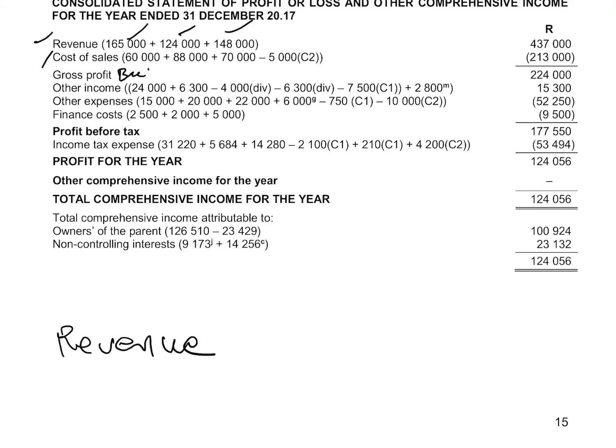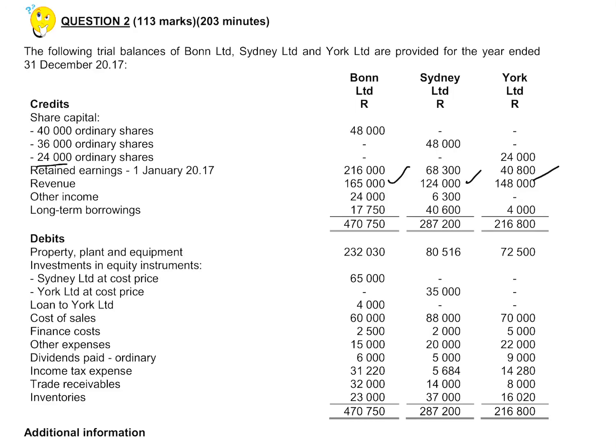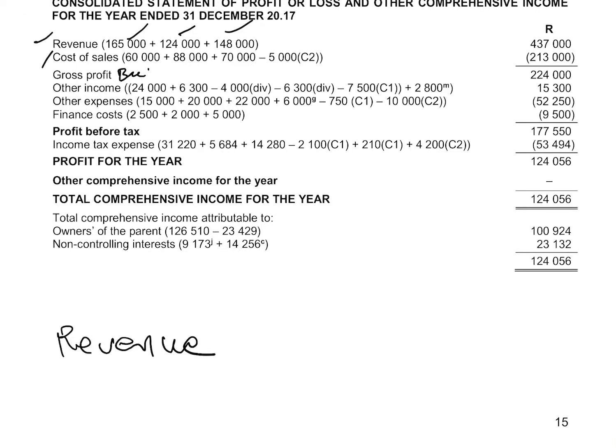Then other income, you are going to take the parent, subsidiary, and the sub-subsidiary. In this case, other income, there is only 24,000 and 63,000. That's what you are going to put there, 24,063. The other adjustments, those are intra-group transactions. We are going to account for those. We look at the other expenses.